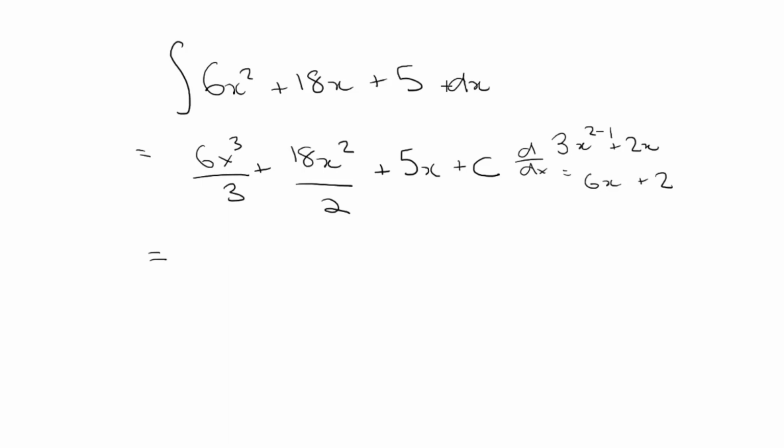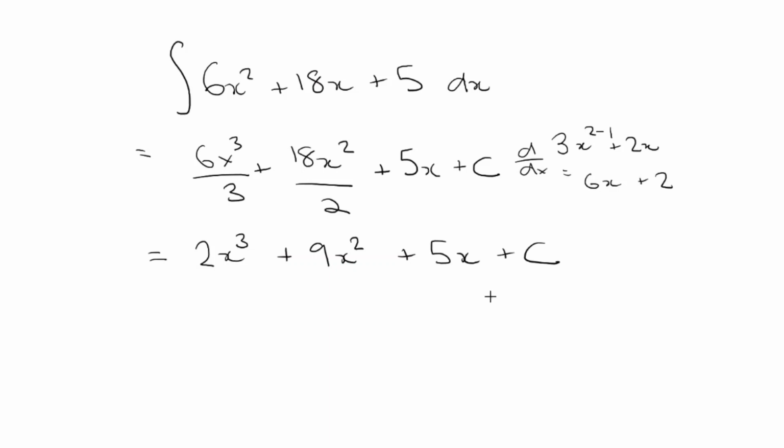So that's why we can't see it, which means we have to add plus c every time we do an integral. So now as we simplify that, that gives us 2x cubed plus 9x squared plus 5x plus c. So that's how we sort of integrate.